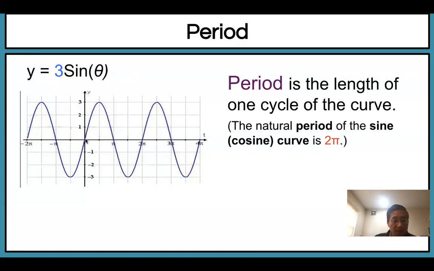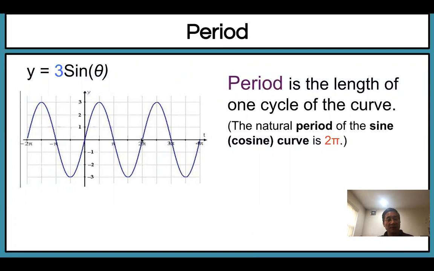You do not measure the length of the graph itself, right? It is the x domain from here to here. So what is the length? From 0 to here. So this is the period, one cycle: 2 pi radians or 360 degrees.